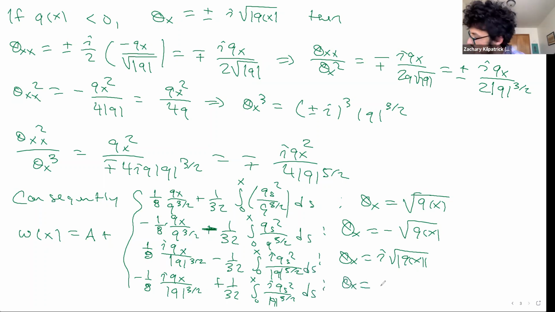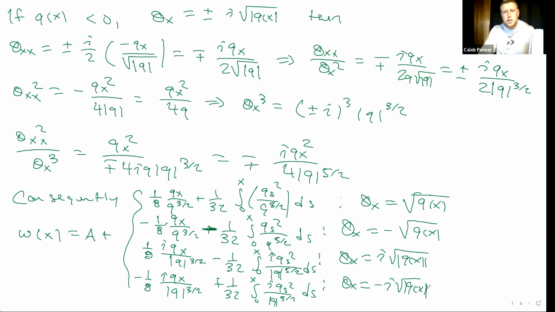So theta x equals minus i q of x with absolute values. Okay. So this means that, yeah. In the first case, what is the denominator on the integral? Oh, this is q to the 5 halves. Okay. Yeah, so these are all q to the 5 halves, except, you know, down here we have to take the magnitude because q is going to be negative in this case.